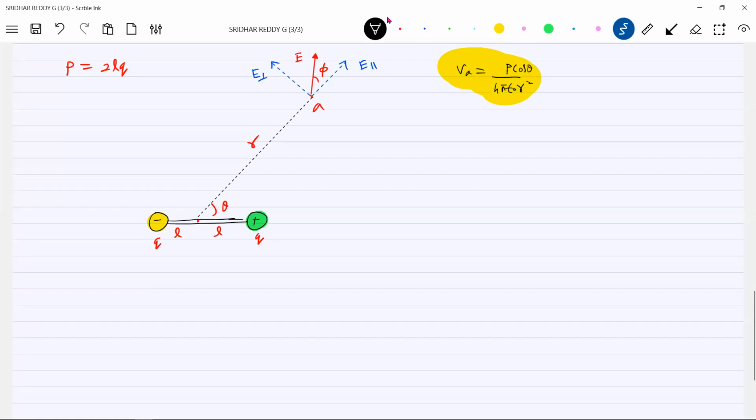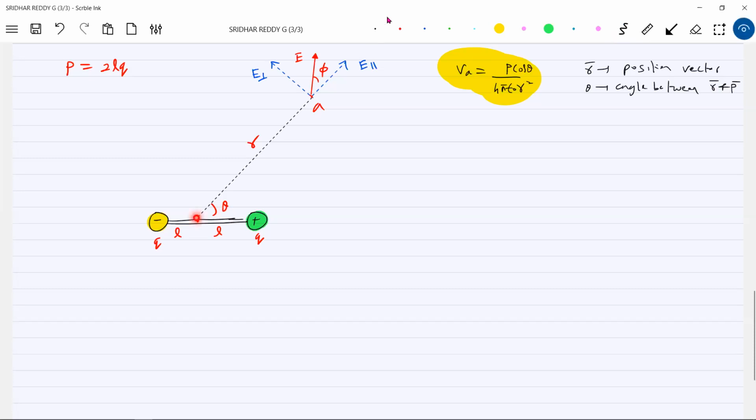First of all, we'll define what is theta and R. What is R? R bar is the position vector. What is theta? The angle between R bar and P bar. What is theta?